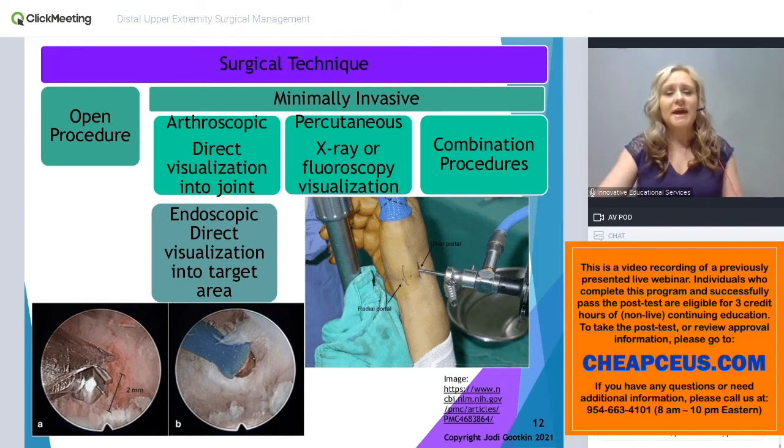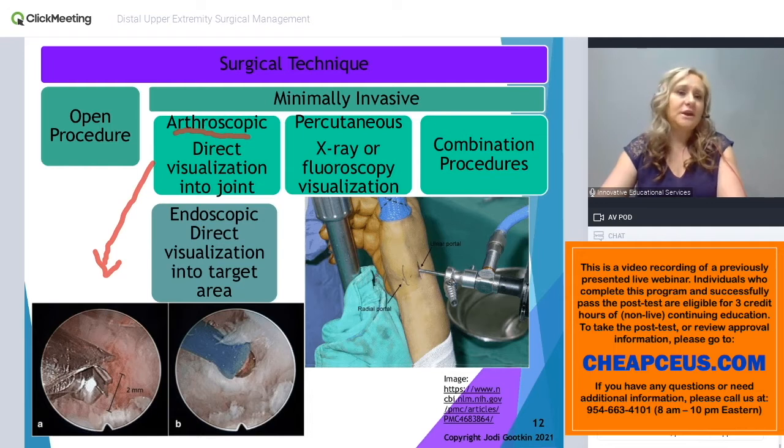When we look specifically at surgical procedures of the wrist and hand, arthroscopic procedures are going to go in with the camera and tool to go into direct visualization inside of the joint, like in the bottom left image here. And then an endoscopic technique, endo meaning inside, means that they're going in not necessarily through a joint, but they're going in with the small tools and cameras.